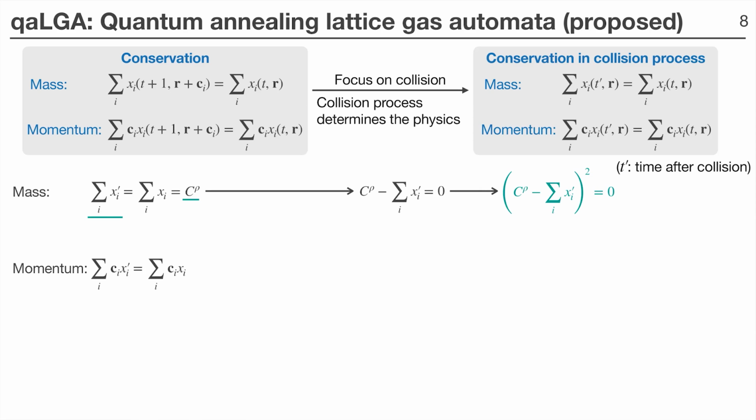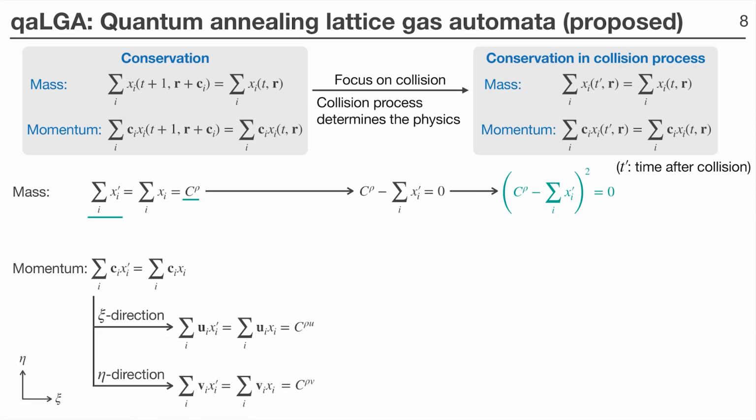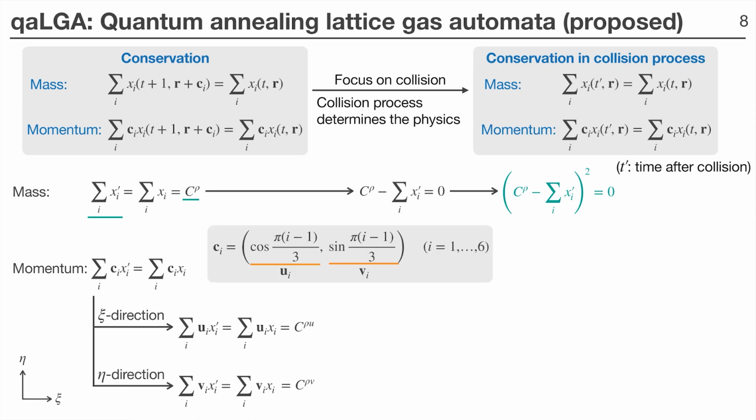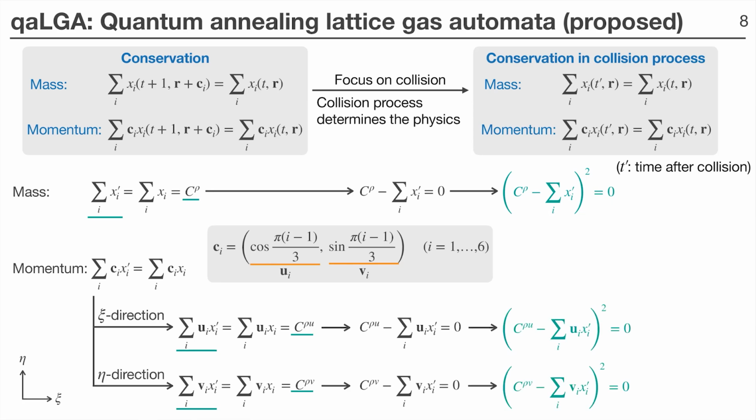But for the momentum, we decompose this direction into xi and eta directions, simply decomposing it. And we have ui and vi here. These are the components of ci, the simple xi direction and eta direction velocities. And from here, we obtain the same relation as mass, then square these two equations.